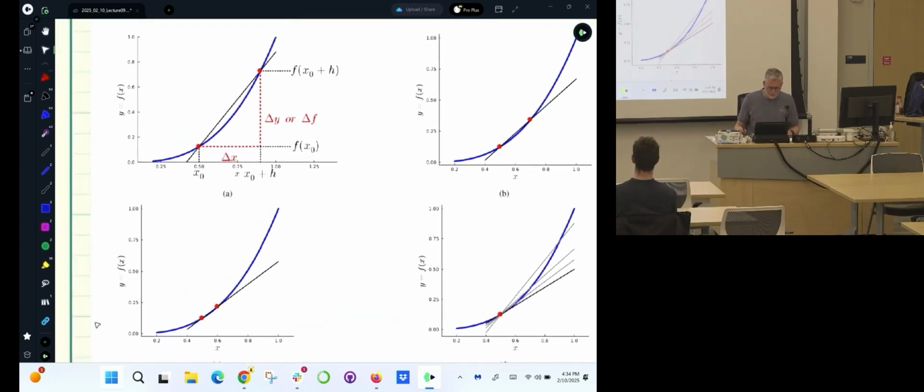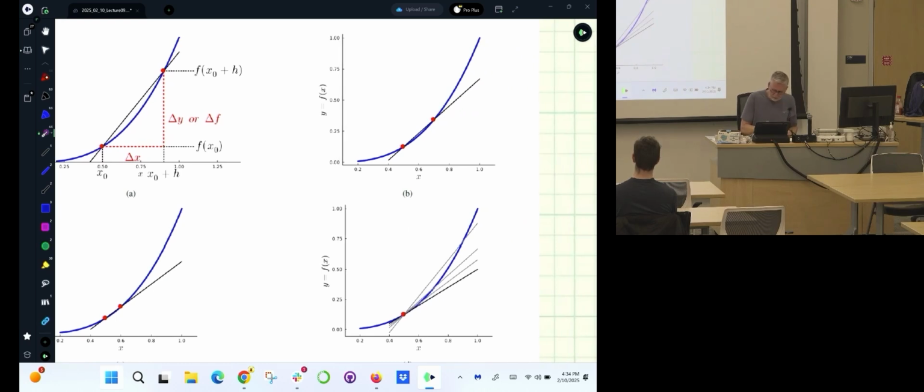Okay, so we've got a function f of x. We have a point x0. We have that point perturbed by h greater than 0, and that distance we're calling delta x. So that's the run. And then the rise is the change in the function values from f of x0 to f of x0 plus h.